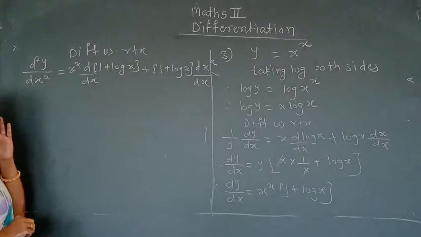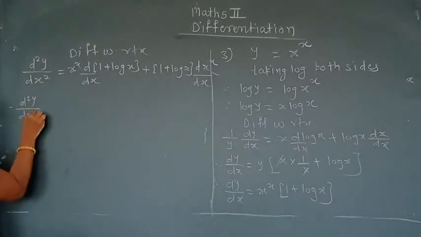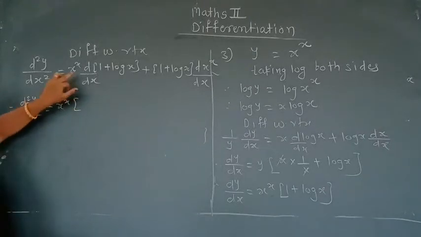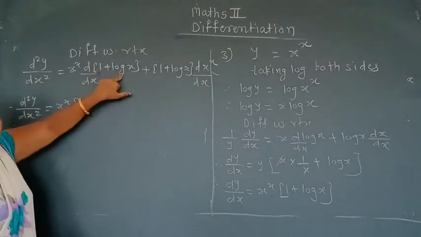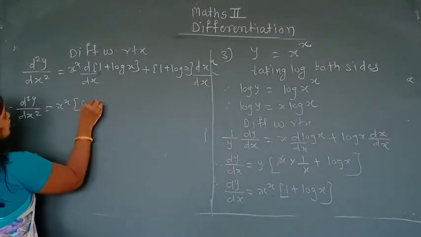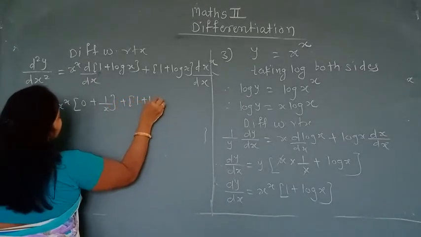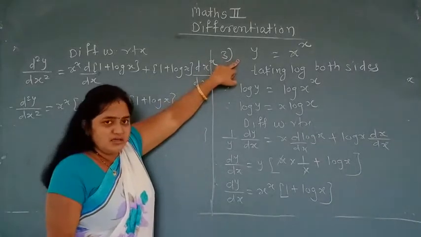Now simplify. So the double derivative of y with respect to x square, x raised to x as it is inside the bracket. 1 is a constant, derivative is 0. Log of x derivative is 1 upon x. So 0 plus 1 upon x, plus 1 plus log of x as it is, derivative of x raised to x, which we found earlier.